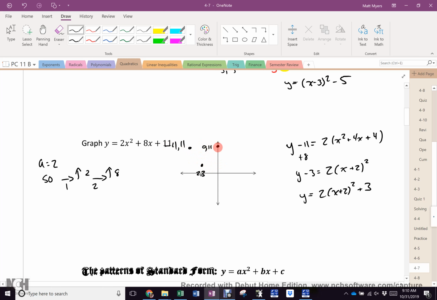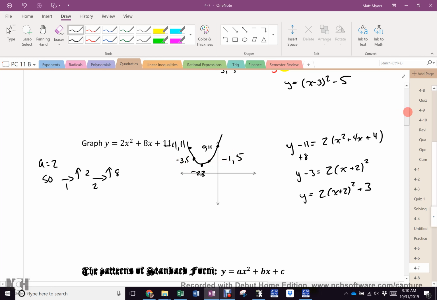If you show me the negative 4, 11, the 0, 11, and the vertex, and you've completed the square, do I need to see that one right there? No. But for practice sake, what is it? Negative 1, 5. And for practice, what's that one? Negative 3, 5. Is everybody good?